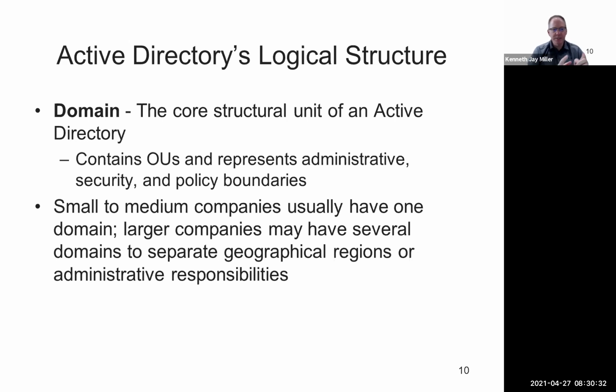So if your last name is from A to J, you're in OU number 1. From K to N, you're in OU 2, and then O through Z, you're in the 3rd OU. If we just did it for some random reason by alphabetical order, we're going to run into all kinds of issues, right?